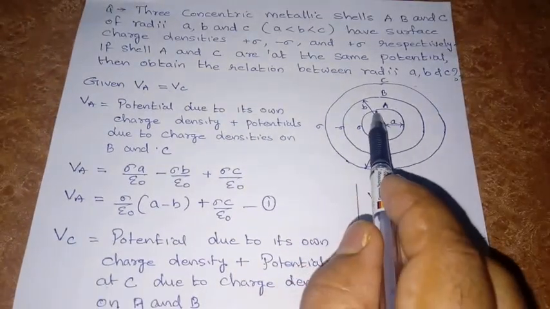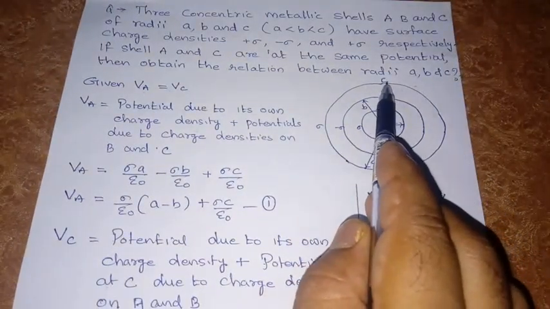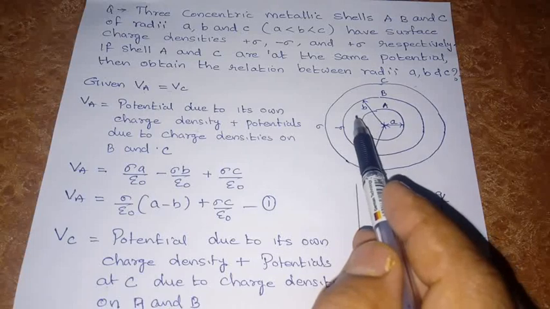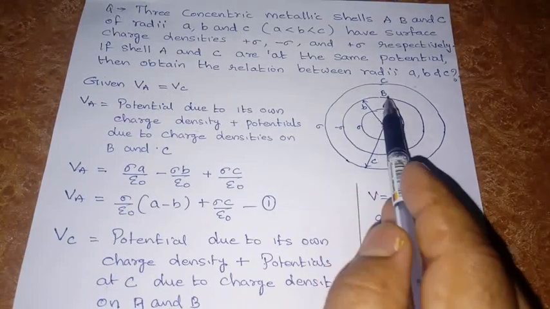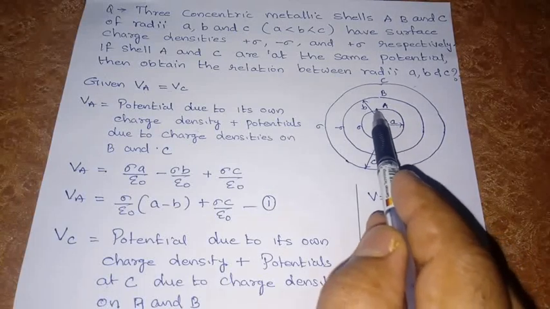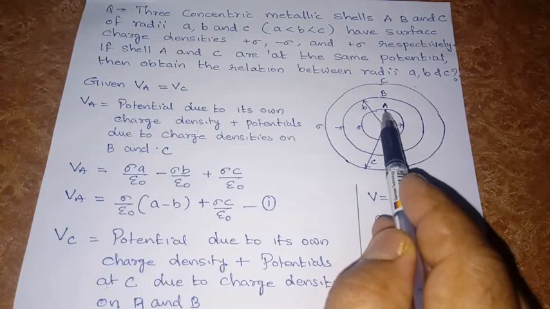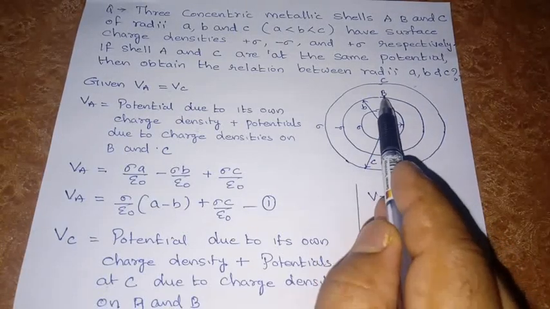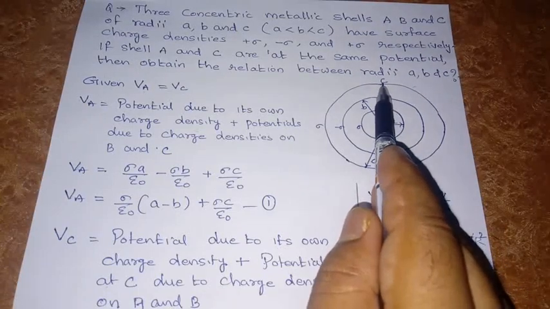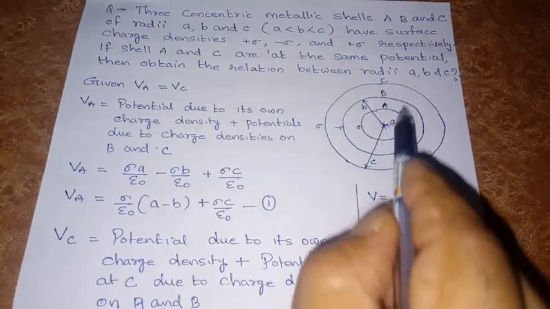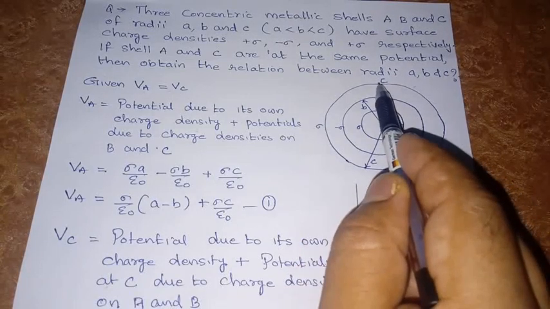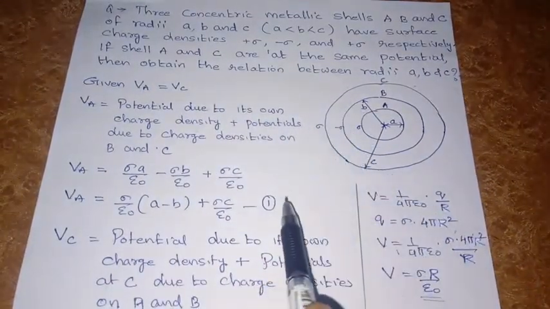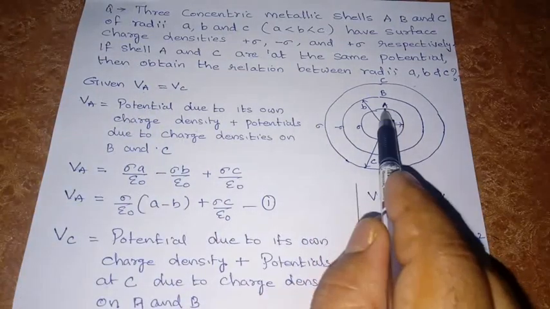And this inner sphere resides inside the spheres C and B. So inside the spheres C and B, the potential remains the same as that of the surface potential of C and B. So on the surface of the inner sphere A, B also creates a potential and C also creates a potential, and these potentials created by B and C will be equal to the potential on the surface of B and the potential on the surface of C, because inside a spherical conductor potential remains the same as that of the surface. So here three potentials are there on the surface of A.